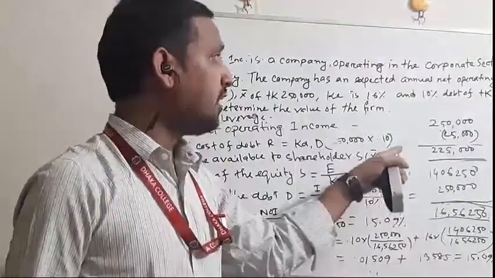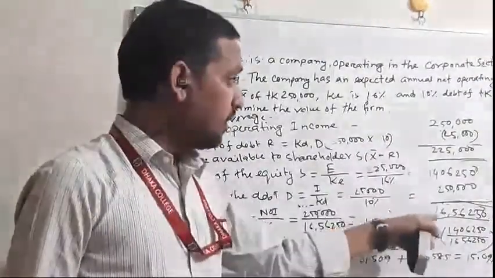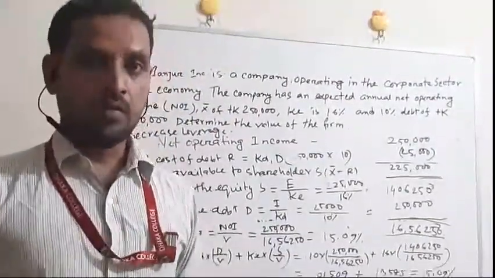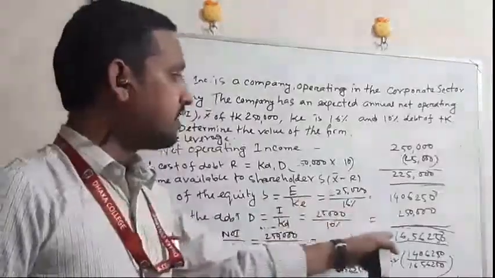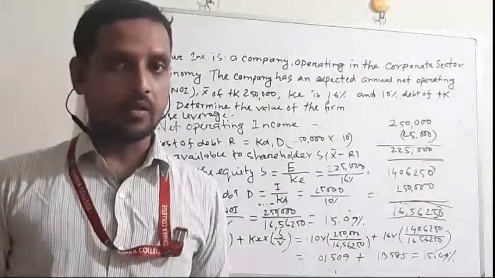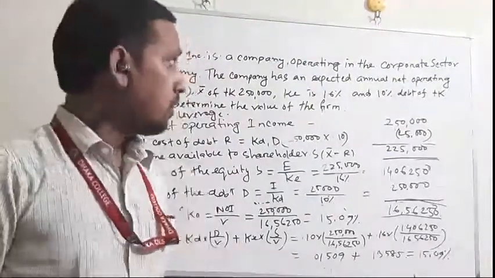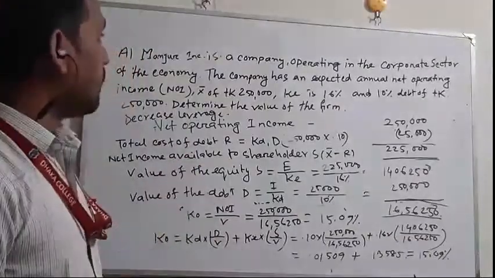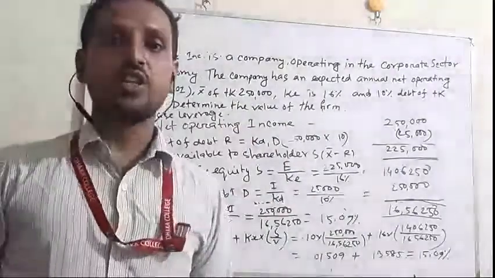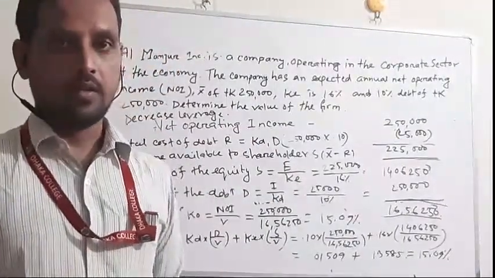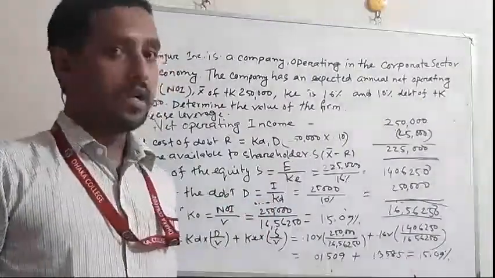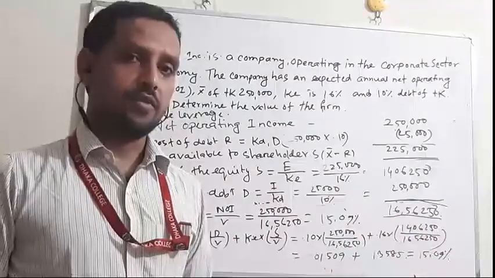First one is 17,50,000 taka, and second one is 16,50,250 taka. So we see that it decreases the value of the firm and increases the overall cost of capital. So we say that if we reduce the leverage, it increases the overall cost of capital and decreases the value of the firm.